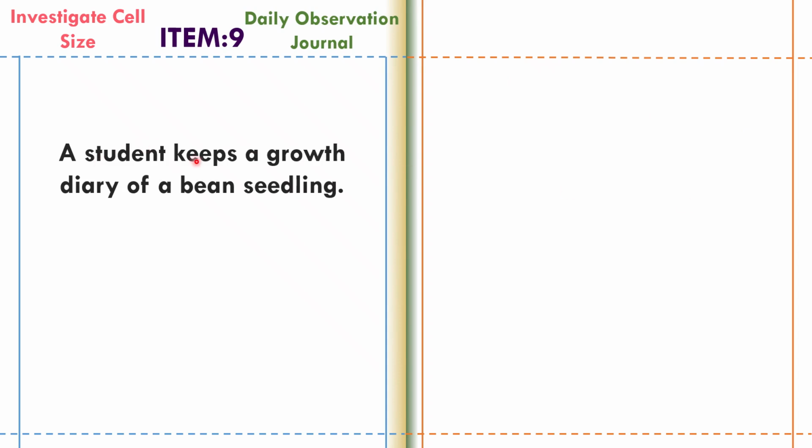Still investigating cell size, item 9: daily observation journal. A student keeps a growth diary of a bean seedling.